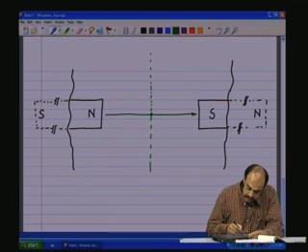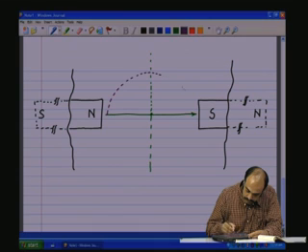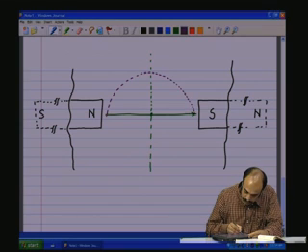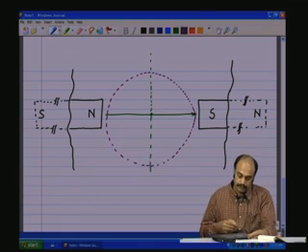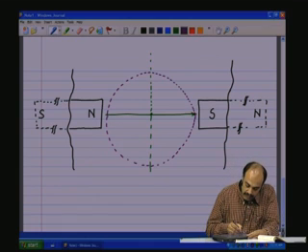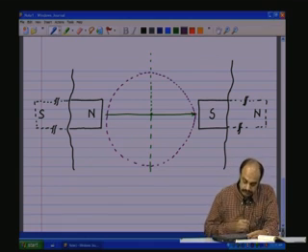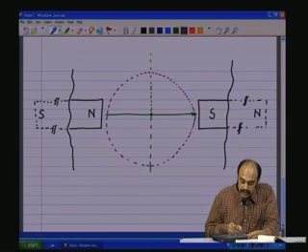Let us say we draw a circle. So, we have a circle here, and if one travels along the periphery of the circle, at this point the field is strong and positive.